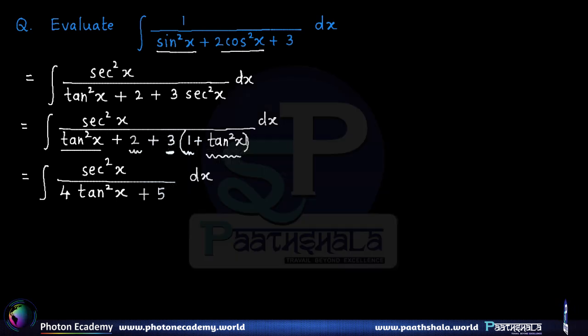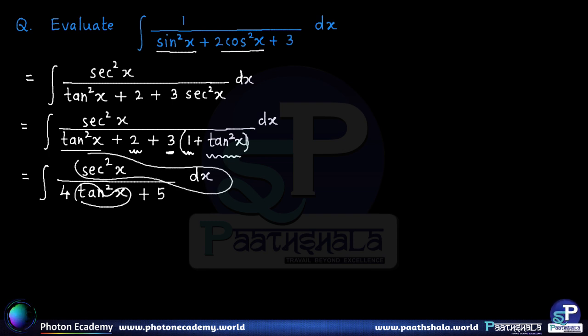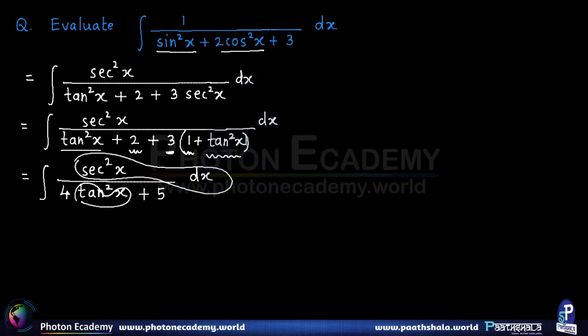So now to integrate this, what we observe is, suppose we substitute tan x with another variable, say t, then its derivative is automatically present because of the particular step that we took. So therefore let's put tan x equal to another variable, say t.